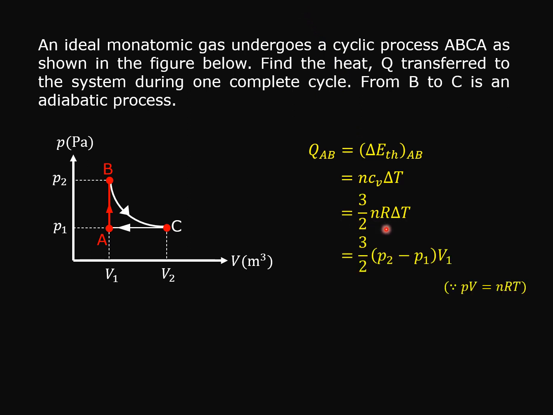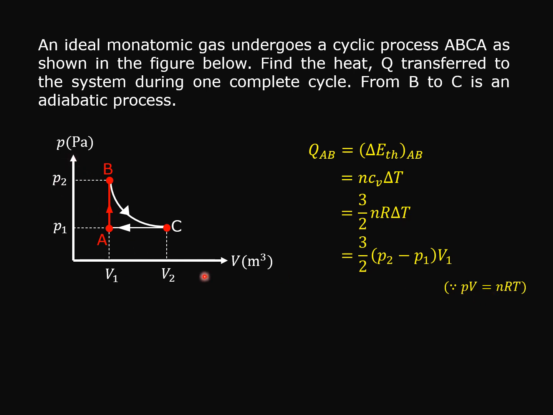What we can do now is change the nR delta T into delta PV, based on the equation of state PV equals nRT. From this equation, we can see that when T is changing, while n and R are constants, it will cause P to change.